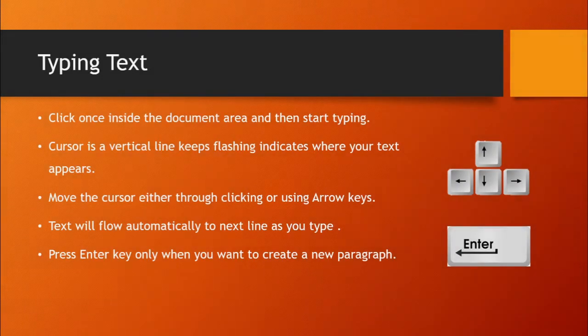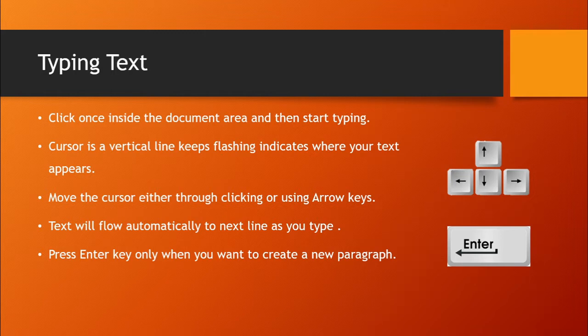Now, we will learn how to type text in a Word document. You can click once inside the document area and then you can start typing. You can observe the blinking line, that is the cursor, which keeps flashing, indicates where your text will appear.